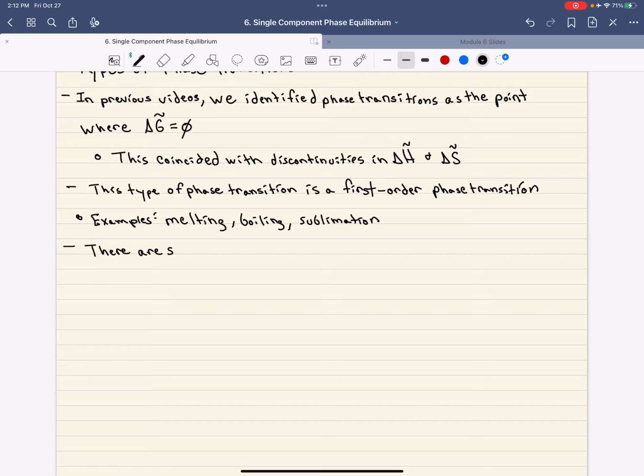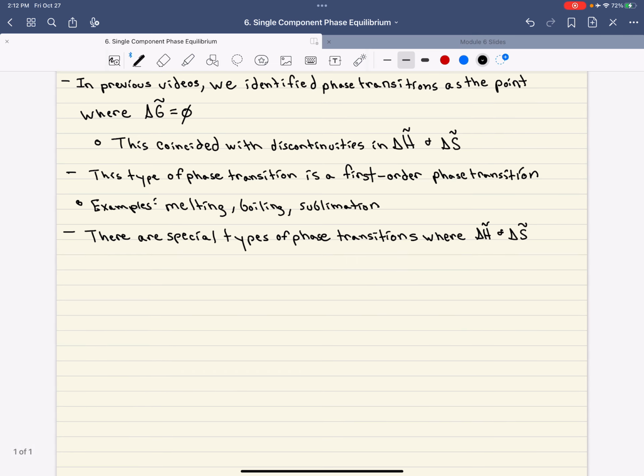Specifically, there are special types of phase transitions in which the enthalpy and the entropy changes aren't discontinuous, but rather they change smoothly over the phase transition. Okay? So delta H and delta S are continuous, but while their values are continuous, their derivatives are not.